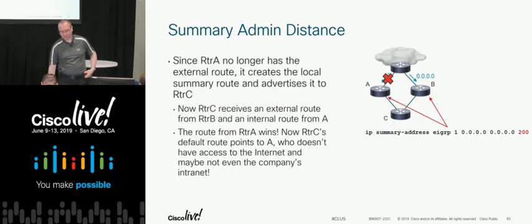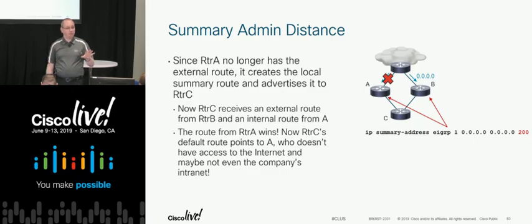Well, since A no longer has the external route, it creates the local summary route and advertises it. And if the original one happened to be external, because we typically do redistribute all zeros into EIGRP, it gets advertised down.